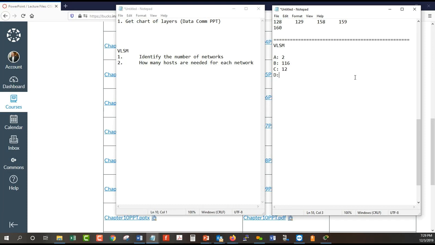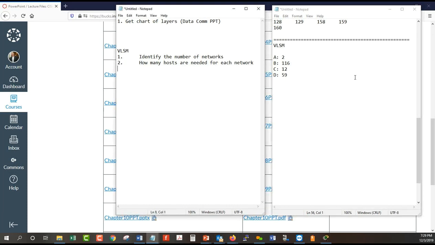And D is going to need 59. Okay? So we've answered the first 2 questions. 1, how many networks? And there are 4 networks. The next question, how many hosts are needed for each network? A is 2, B is 116, C is 12, and D is 59.